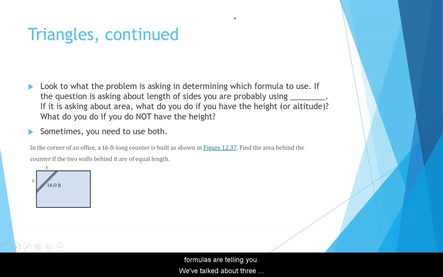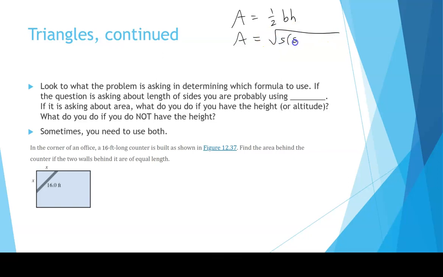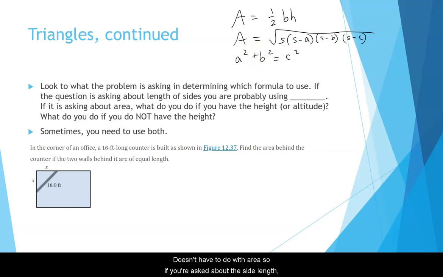We've talked about 3 things so far. We've talked about the area is 1/2 base times height. We've talked about how to find the area of a triangle using Heron's formula. And we've talked about the Pythagorean theorem. The Pythagorean theorem has to do with side length. It doesn't have to do with area.